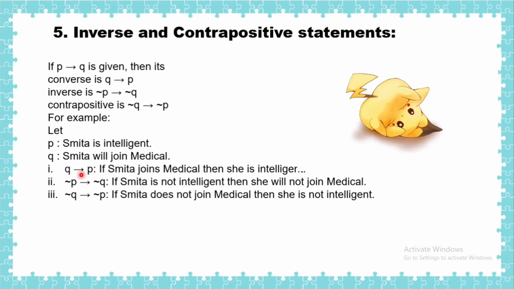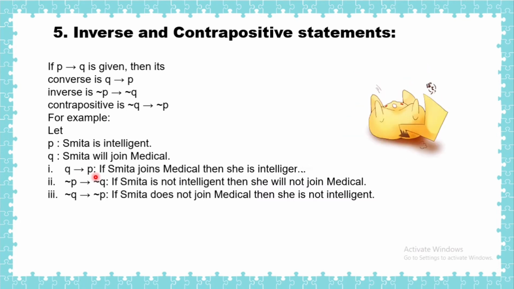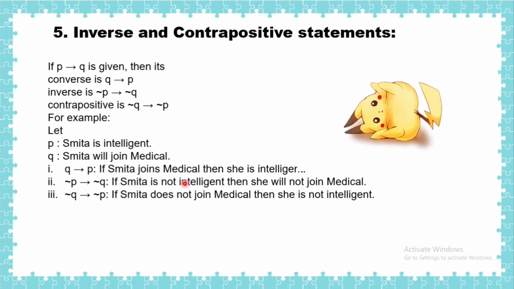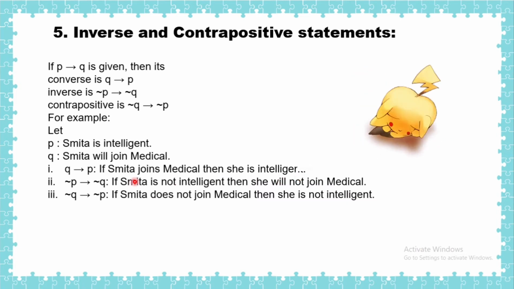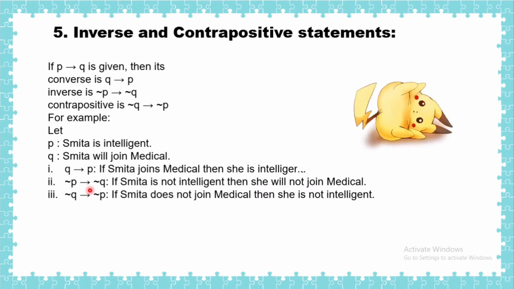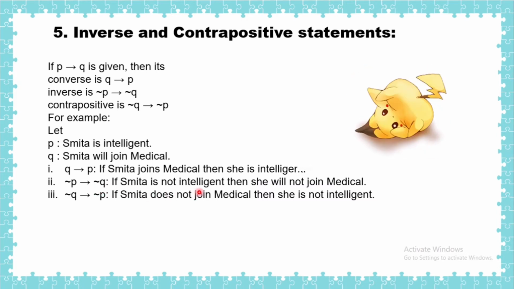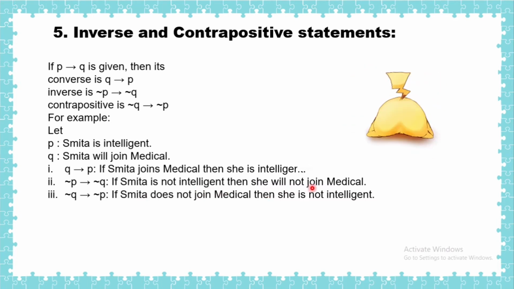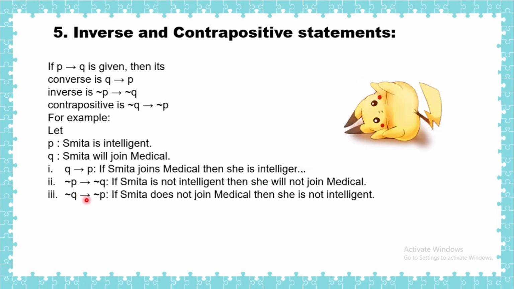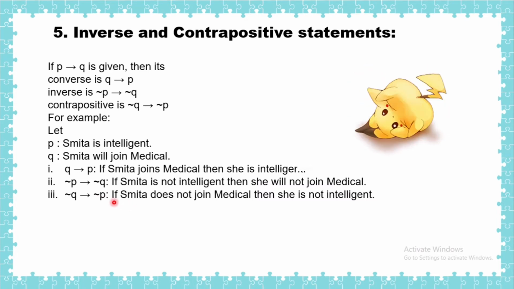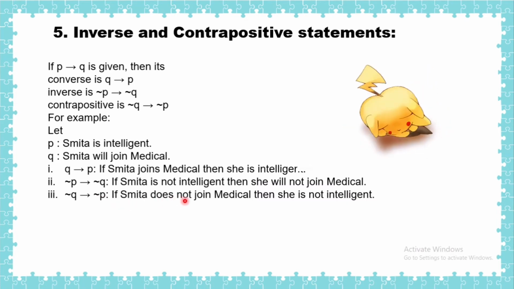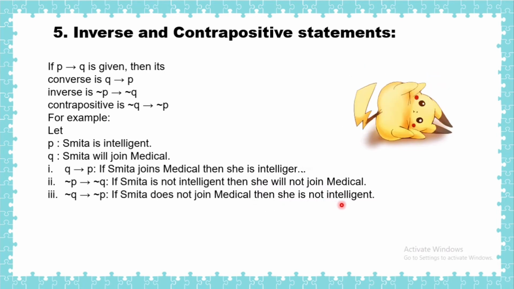Q → P = if Smita joins medical, then she is intelligent. 2. ~P → ~Q = if Smita is not intelligent, then she will not join medical. 3. ~Q → ~P = if Smita does not join medical, then she is not intelligent.